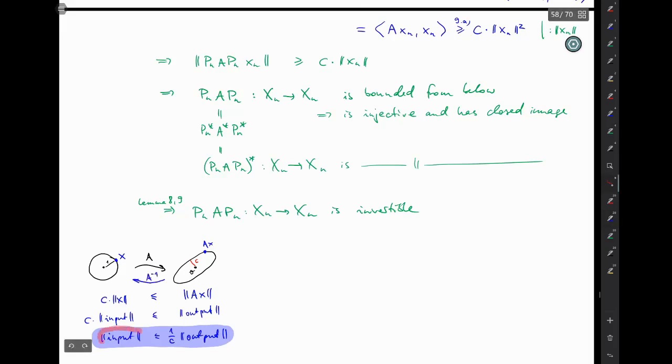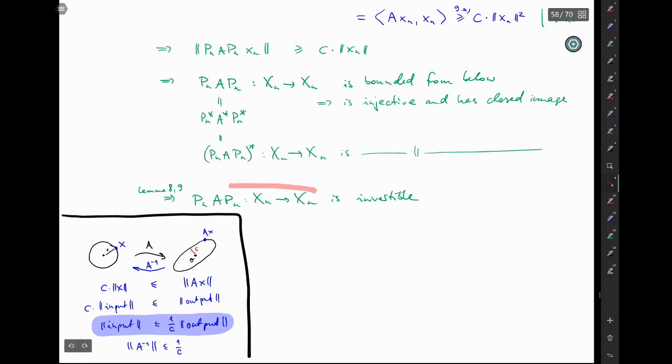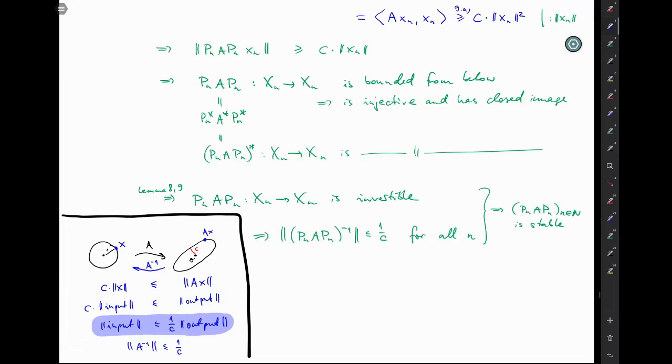So the output of your inverse is less than or equal to this constant times the input of your inverse. So this shows that your inverse has norm less than or equal to this 1 over c. And this is exactly what we need now. So we apply this to our operators on the subspaces Xn. And from these two things you get stability of your sequence.